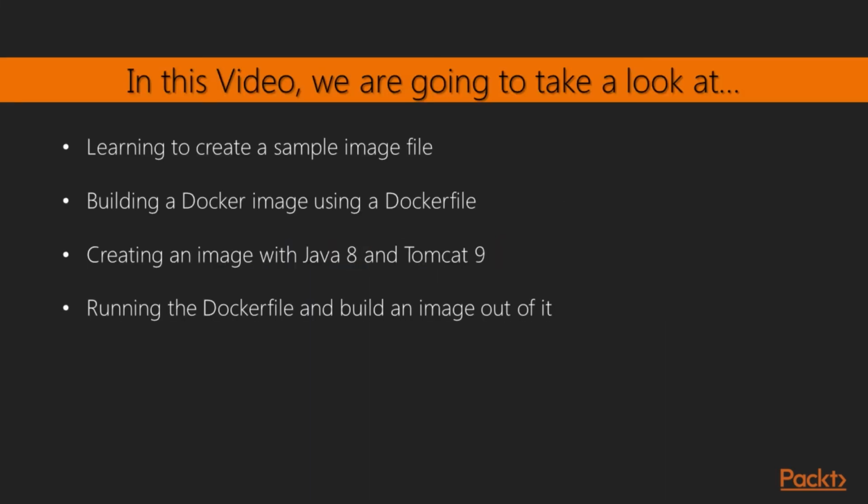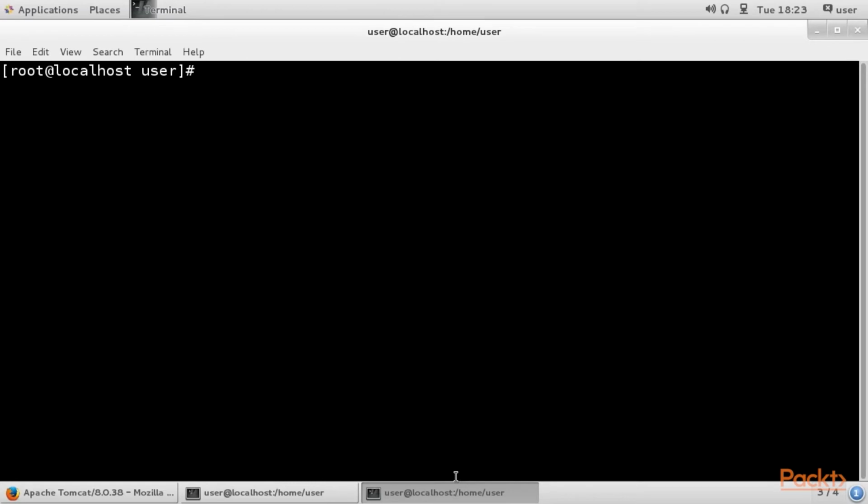In this video, we will learn to create a sample image file, and we will build a Docker image using a Docker file. Let's try with a simple CentOS image. The Docker file contains these two lines.